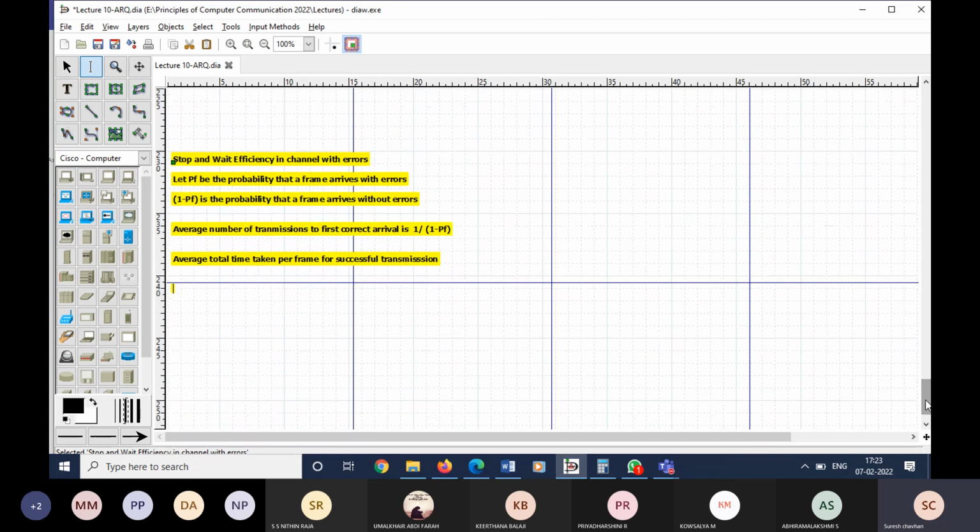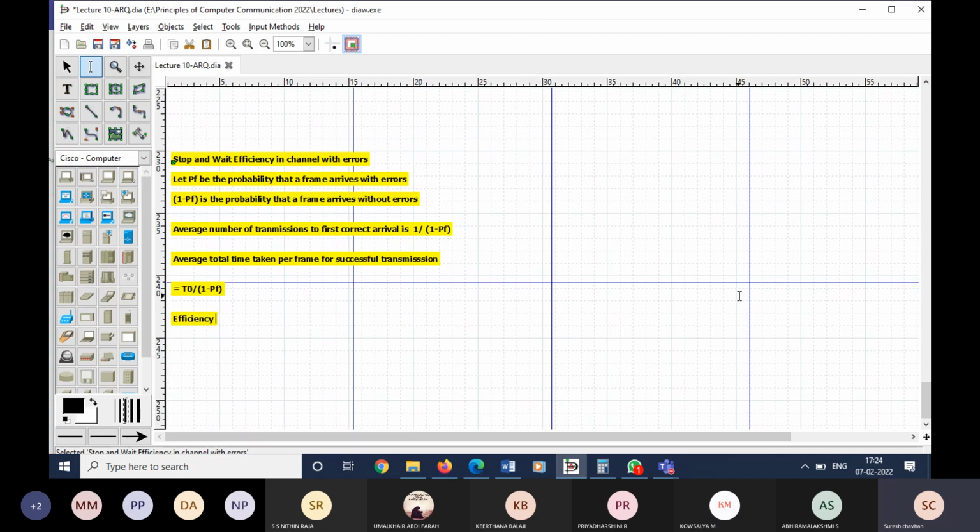But here we have considered errors. So here we need to consider the probability of a frame arrives with errors or without errors, right? So that is like here T0 divided by 1 minus PF is the average total time taken per frame for successful transmission.